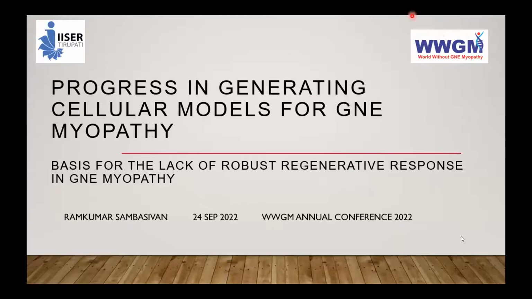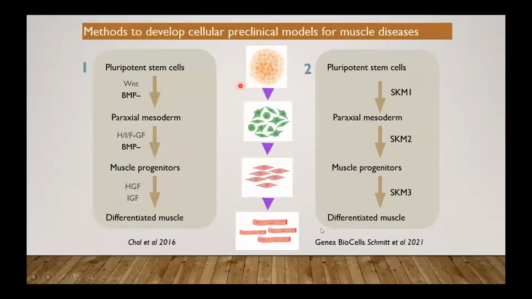To begin with, there are two methods to derive skeletal muscle starting from pluripotent stem cells.